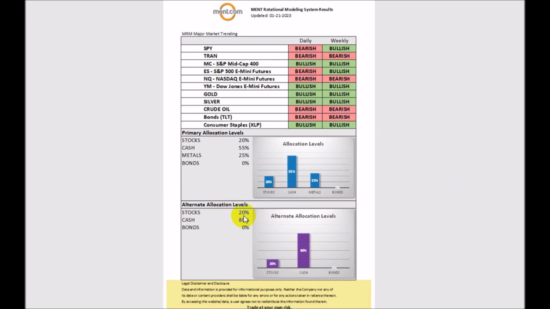Alternate allocation is 20% stocks, 80% cash. Remember, whatever you're allocating into stocks should be broken into 10 or 20 trading slots. Those are for individual trades.